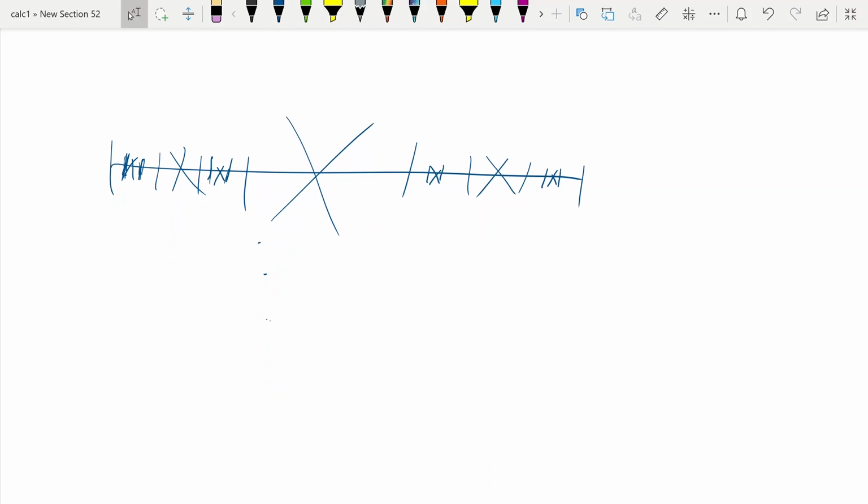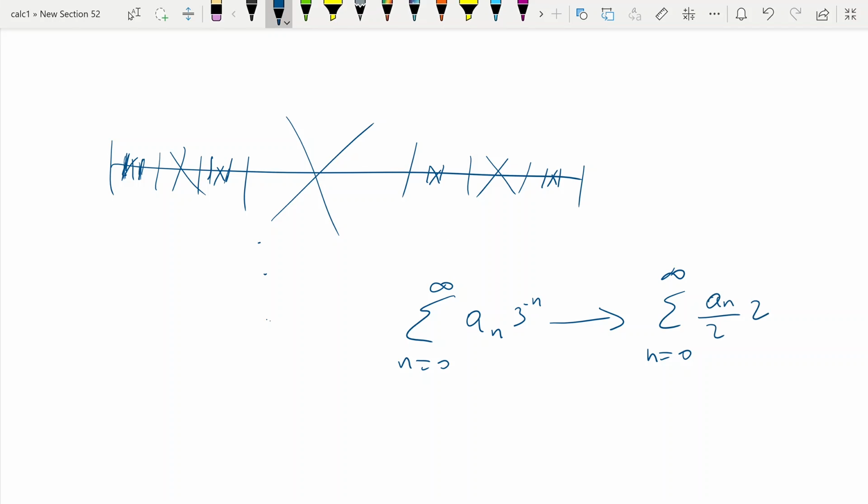We have an infinite sum of a_n over 3 to the n. Just say n equals 0 to infinity because we're considering numbers from 0 to 1. You can map this to the sum from n equals 0 to infinity of (a_n over 2) over 2 to the n.